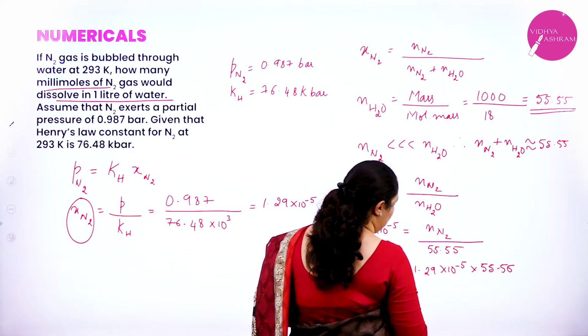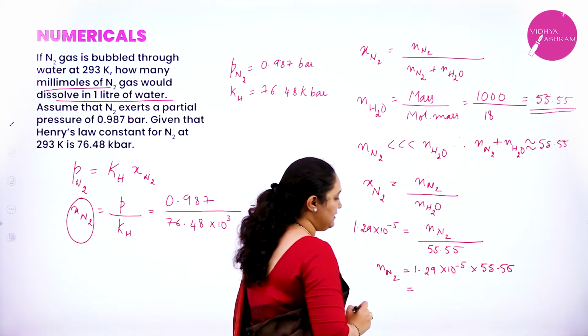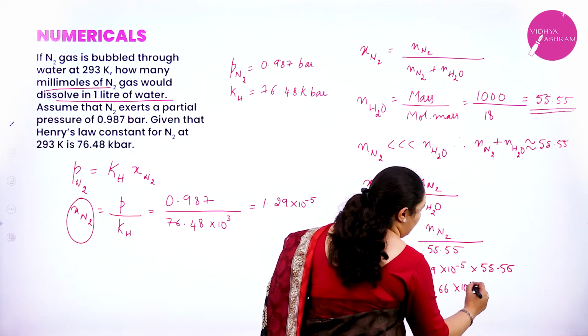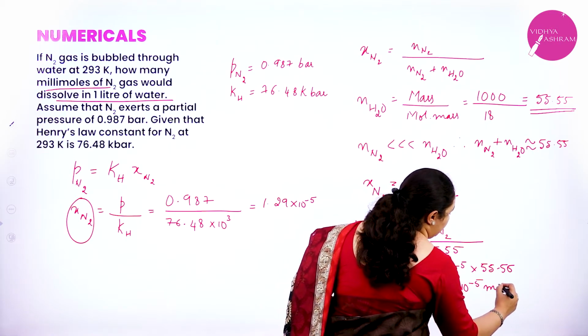If I solve this, I am going to get 71.66 into 10 to the power minus 5 moles.